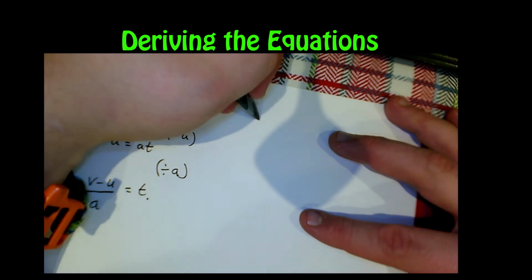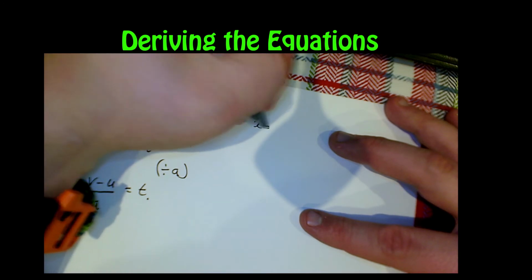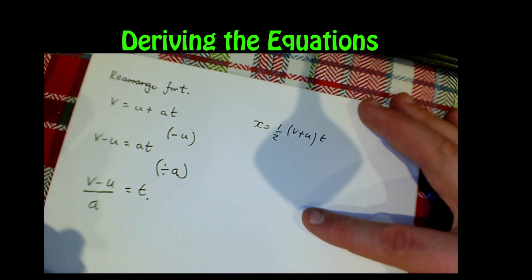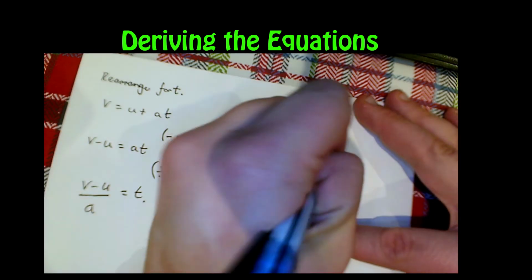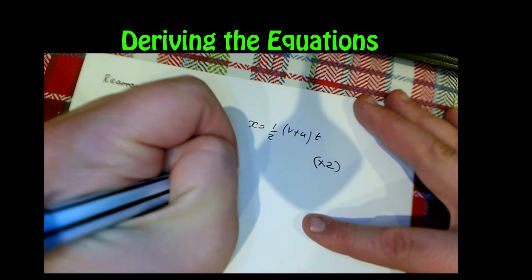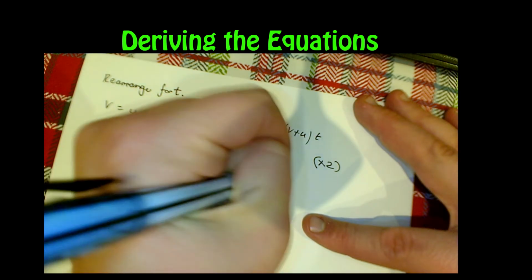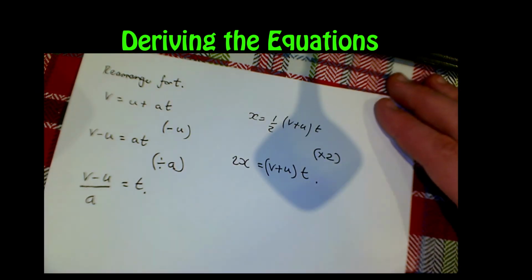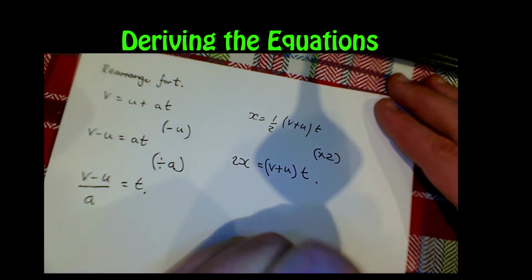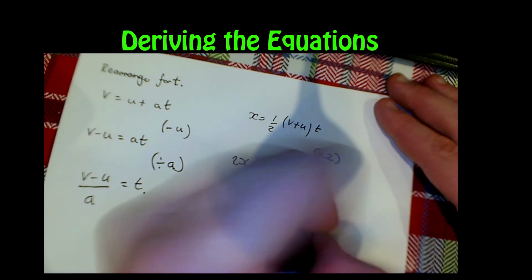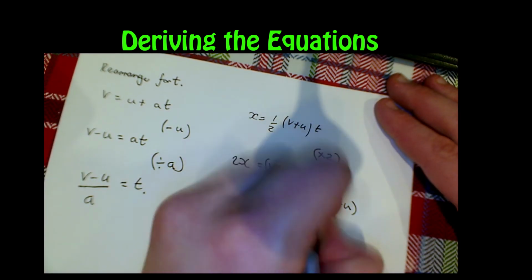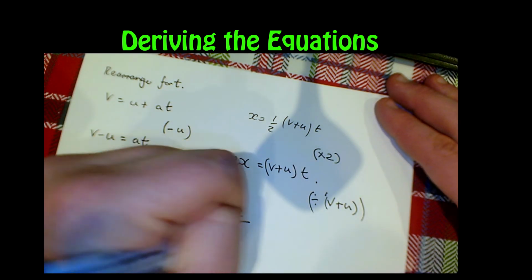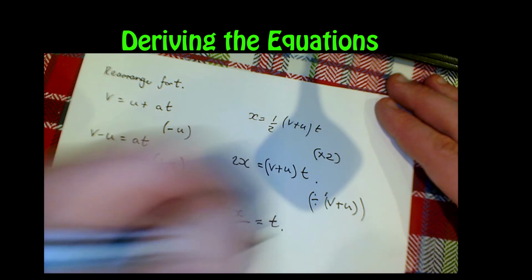So we have x equals a half (v plus u) t. So first step we're going to multiply both sides by 2. So we get 2x equals (v plus u) t. Then what I'm going to do is divide by (v plus u). So I get 2x over (v plus u) equals t.